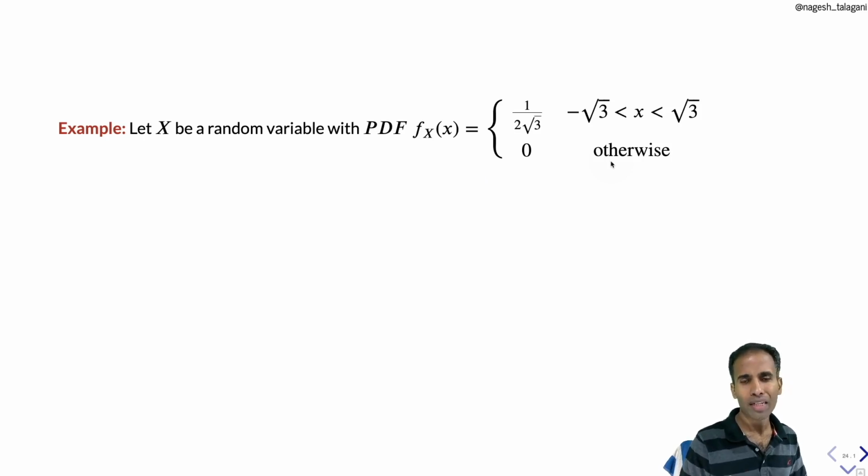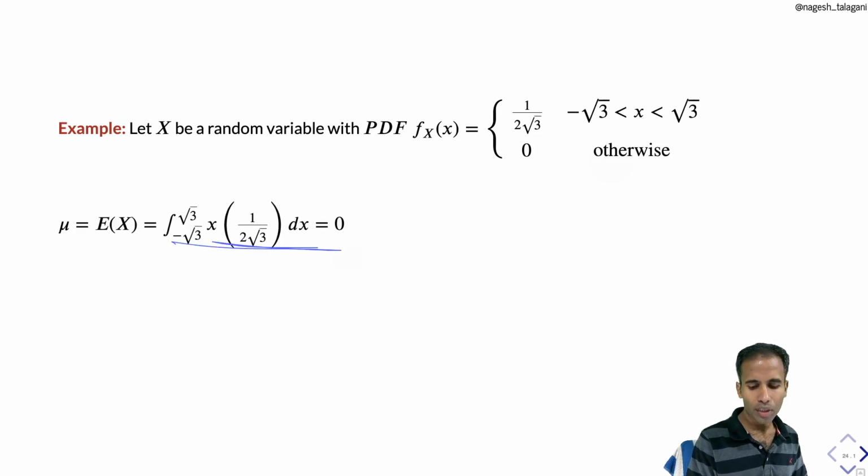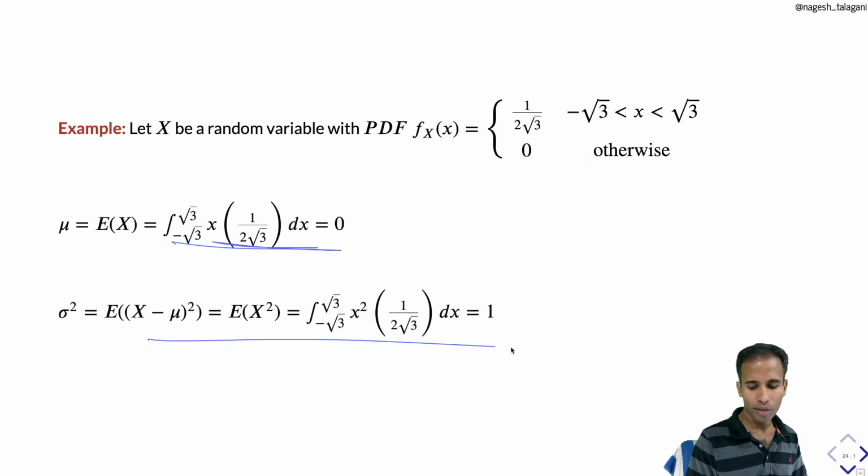Here is an example of a probability distribution with a PDF f of x equal to 1 by 2 root 3 for minus root 3 less than x less than root 3, 0 otherwise. For this distribution, the mean mu is 0 and the variance sigma square is 1. Feel free to verify this.